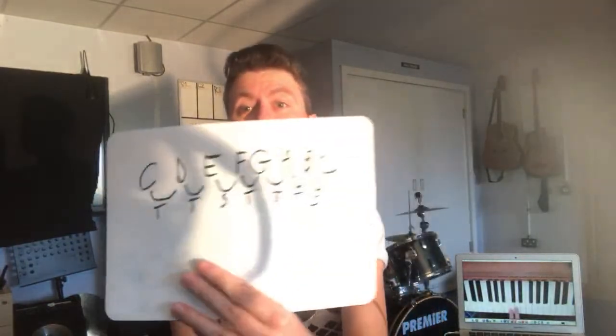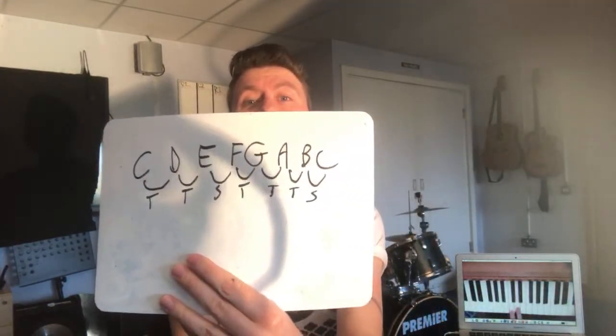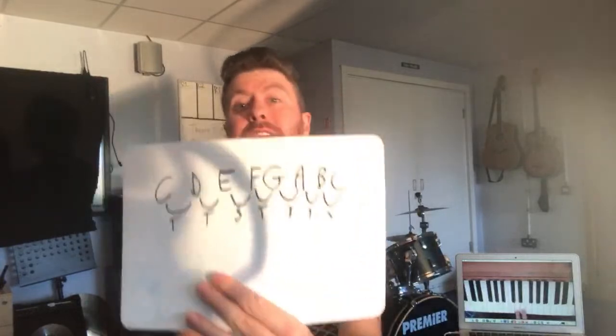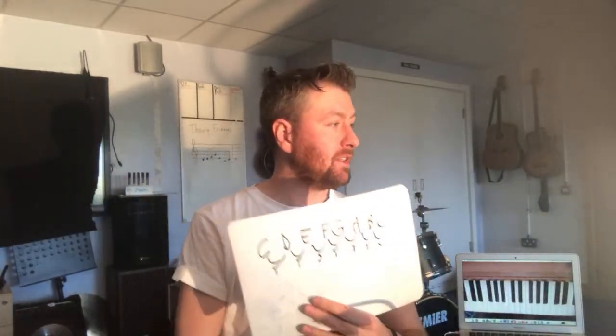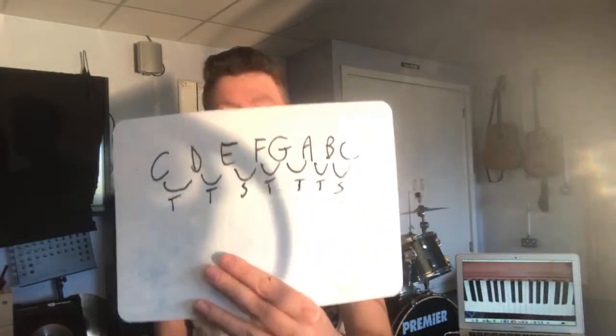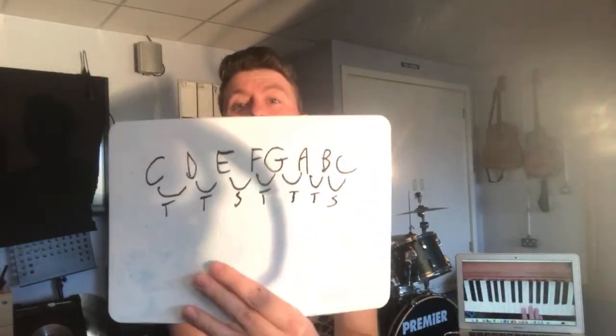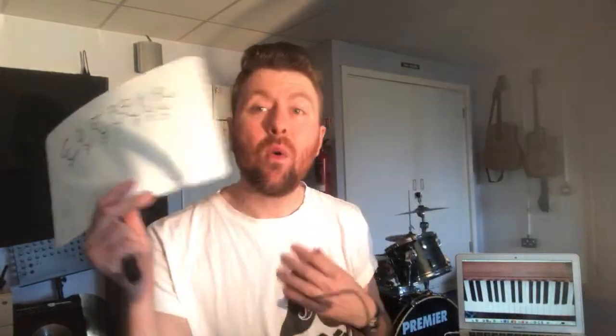If you do not, a tone is an interval of 2 notes, like C to D, or D to E, because they have the black key in the middle. A semitone is an interval of 1 note, like E to F, or F to F sharp. Semitone is a 1-note interval.